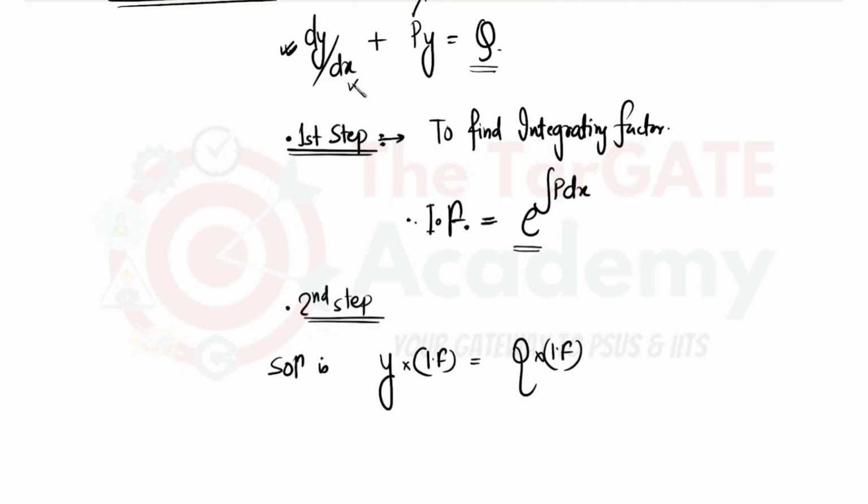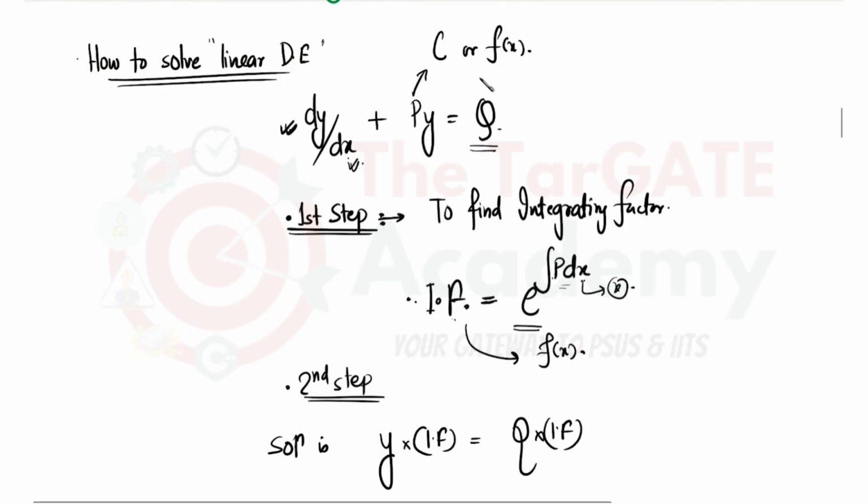Now the differential equation is with respect to x. Now you are finding the integrating factor e to the power p dx. You are integrating with respect to x. So the integrating factor will be a function of x because we are integrating p, and p is what? P can be a constant or a function of x.